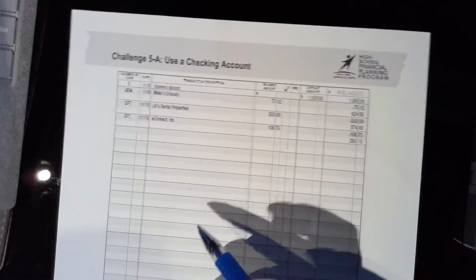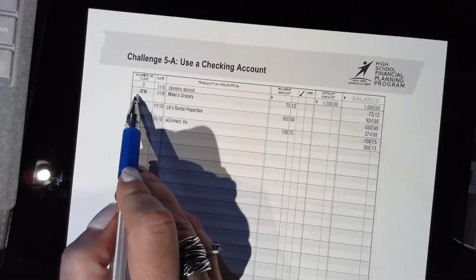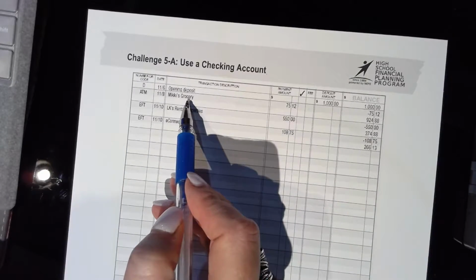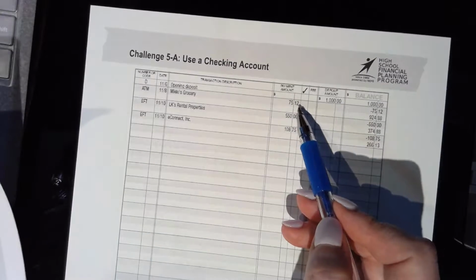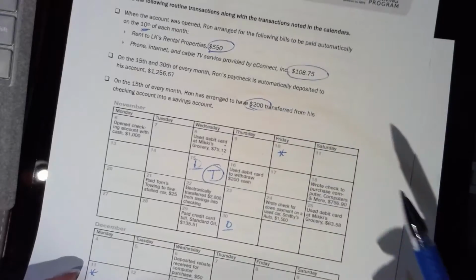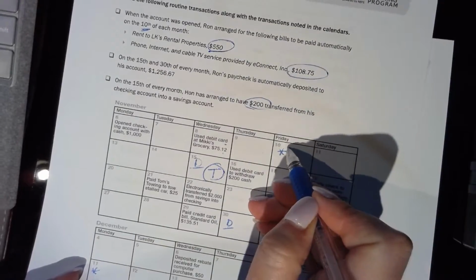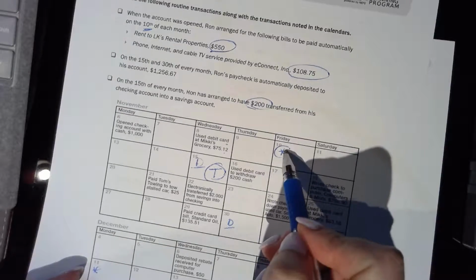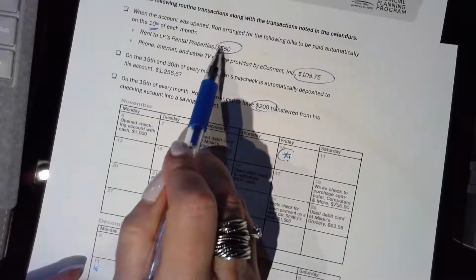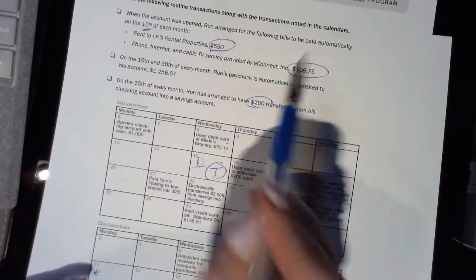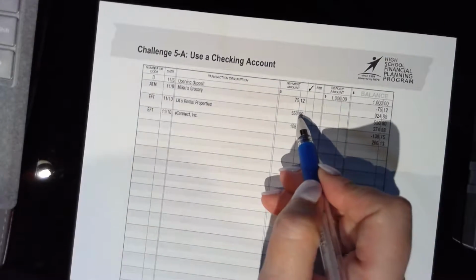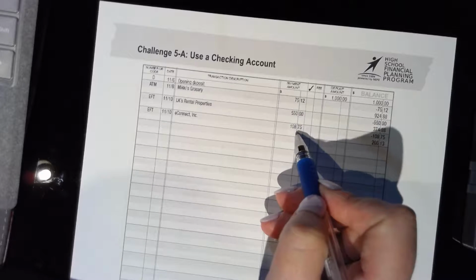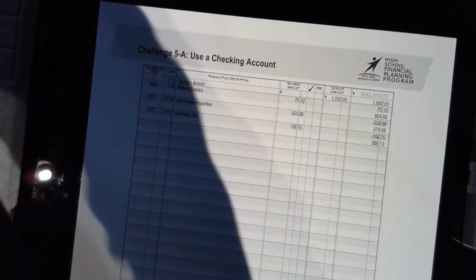He chose to mark that as an ATM, wrote who it was to, and it was a payment out of $75.12. All right. On the 10th, what happened on the 10th? He paid his rent and he paid his internet. They did that for us. Let's see what else we've got going on.